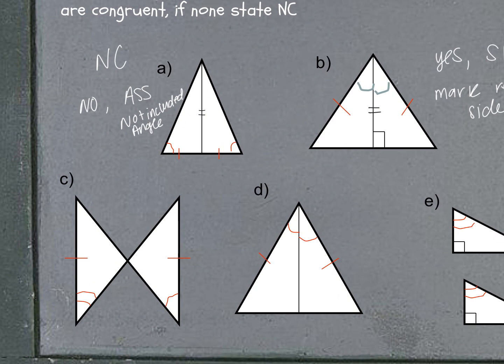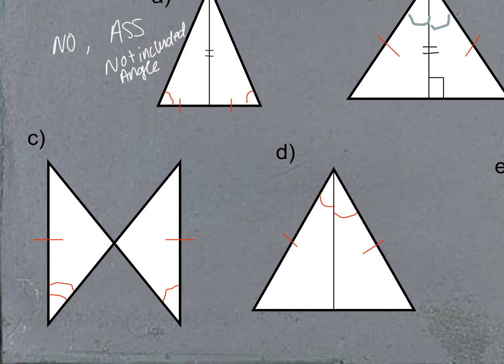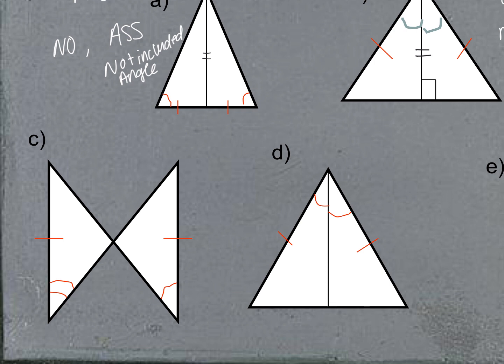So looking at C, would this be considered a side, angle, side triangle? Okay, so I have my side here. My angles, these angles, are they congruent? Why are we saying no? Good, because they have a different number of lines. So these two are not congruent.